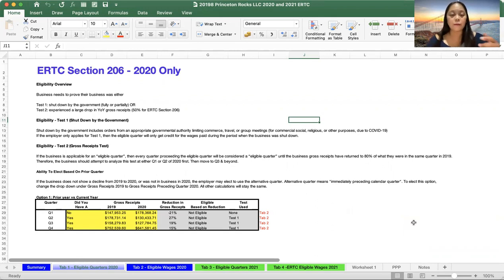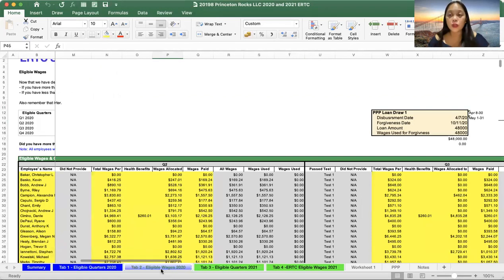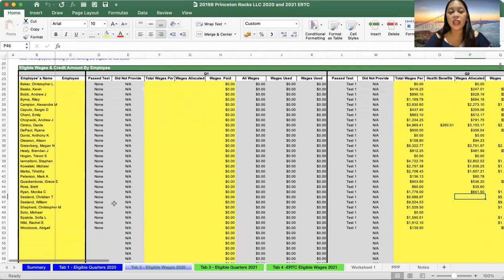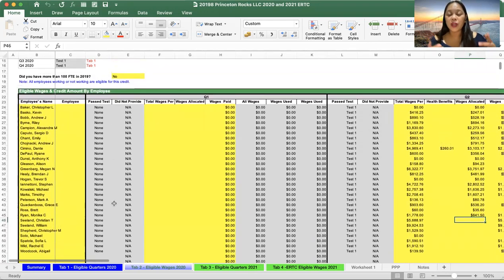Now, allow me also to walk you through the different tabs that I'm working on. So here it is. This is where I input all the payroll that the company paid for its clients. It is necessary that we balance out, or make equal, the amount reflected in each quarter with the 941.